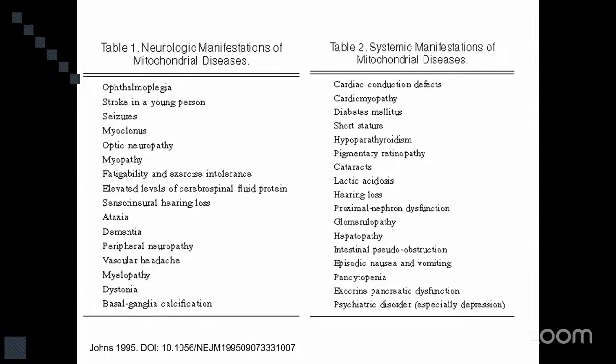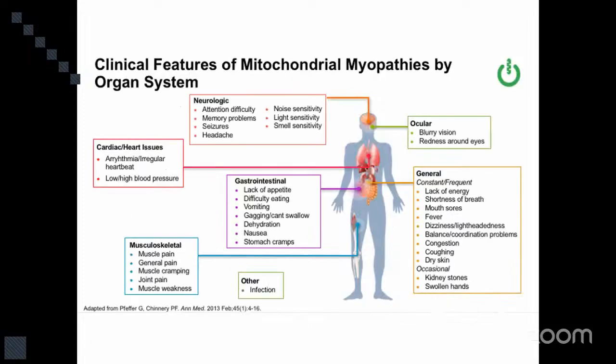And then on this other side, you can see systemic manifestation: cardiac conduction defect, cardiomyopathy, hyperthyroidism, hearing loss, like we just saw, hepatopathy, and down here, you can see endocrine pancreatic dysfunction, psychiatric disorders, and classical instances.